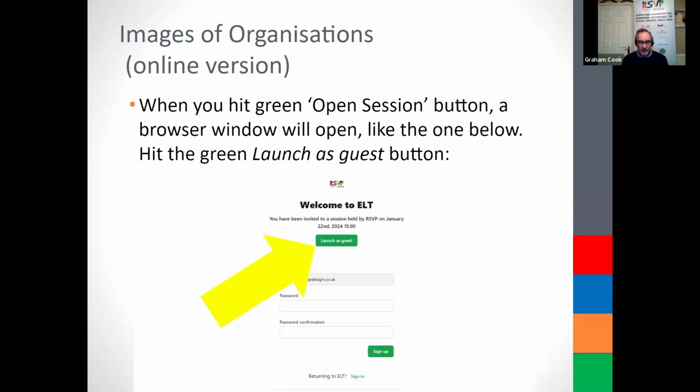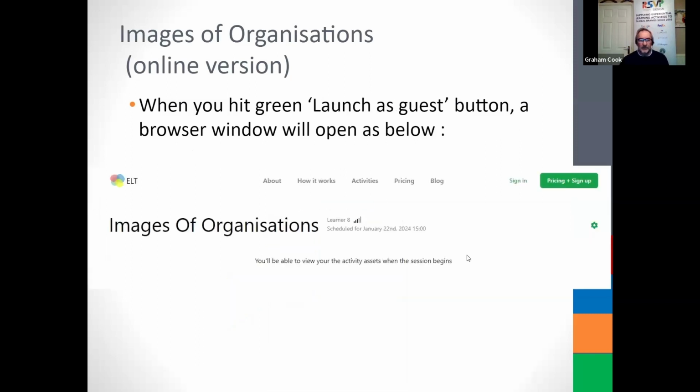You can register, it just means you can go back and look at any comments or any of the activities that you might have made notes for. But most people would typically launch as a guest. And if you get there, you'll get to this session. So are most people able to get to this screen? Yeah. Great. Okay, perfect.